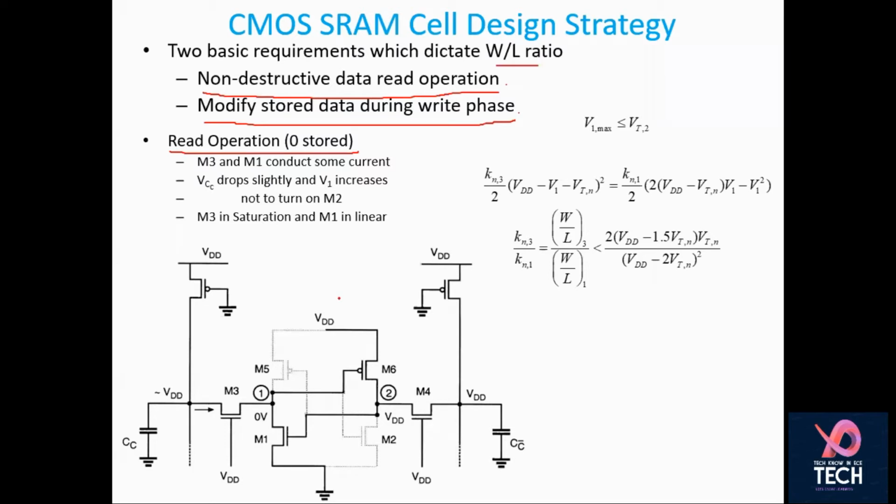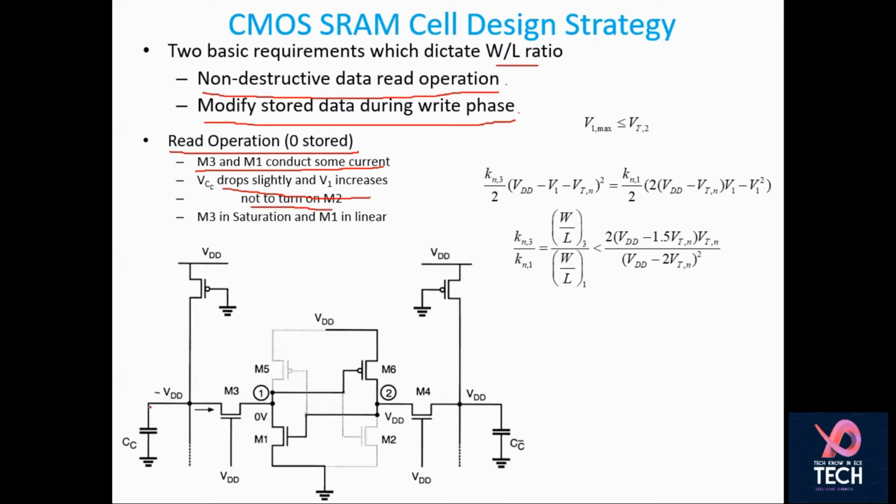Now, this is what they have given: M3 and M1 conduct some current. Yes, they will conduct because they are on. But on the other hand, VCC drops slightly and V1 increases, but not enough to turn on. That is very important: when we talk about node 1, what happens? What is being stored here will drop slightly. Why? Because there is some fluctuation here, since this is 0 volt and this is high voltage.